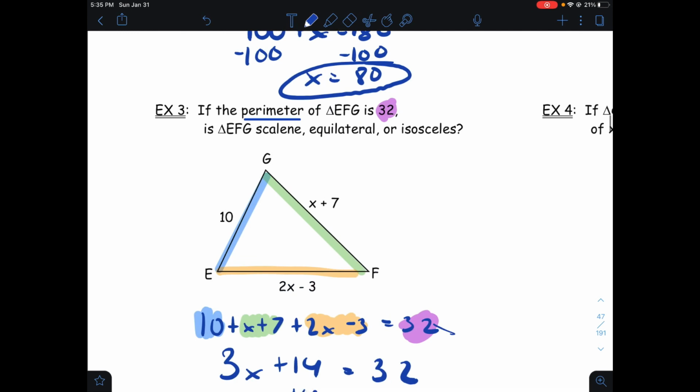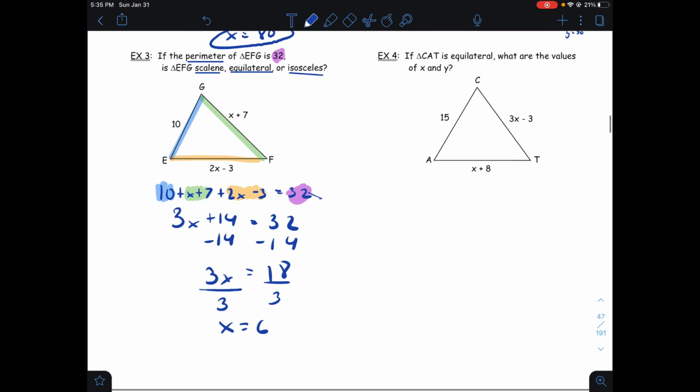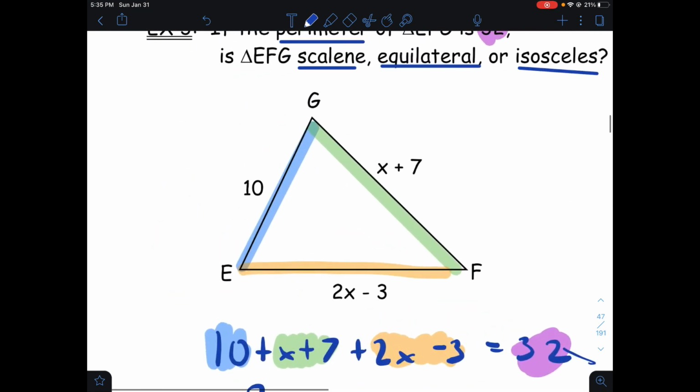So to review, a scalene means that none of these sides are equal. Equilateral means that all of the sides are equal. And isosceles means that 2 of the sides are equal. So let's go plug in x. If we plug in a 6 for x here, we end up that this side is equal to 13.